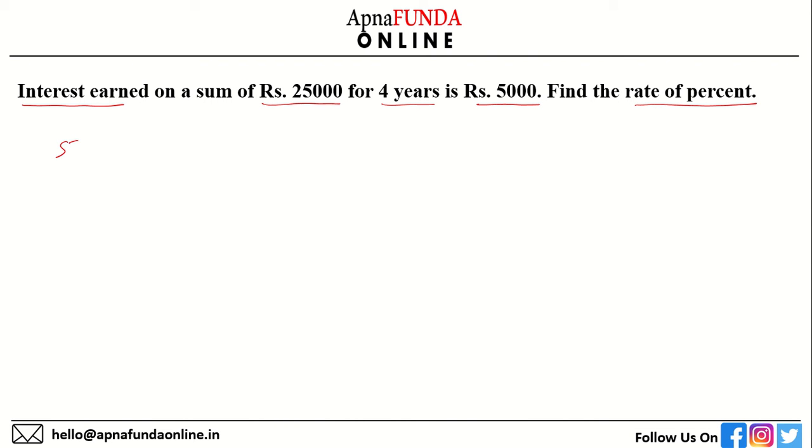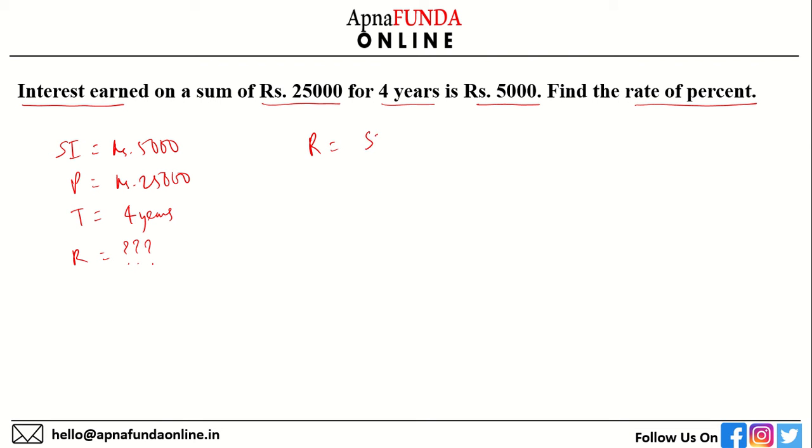Correct. So simple interest is equal to rupees 5,000. My principal is equal to rupees 25,000. My time period is equal to 4 years. We need to calculate the rate percent at which this sum is invested. Correct? If you have checked out my video 2, which is on the formulas, you must be aware of how to find the rate under simple interest.